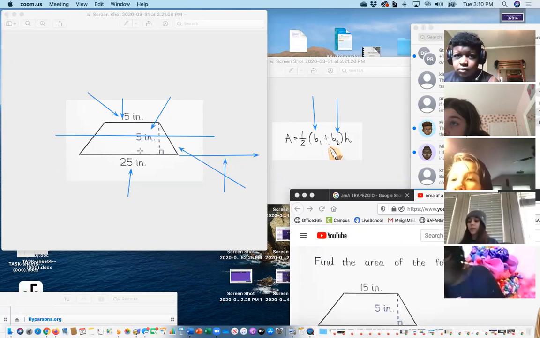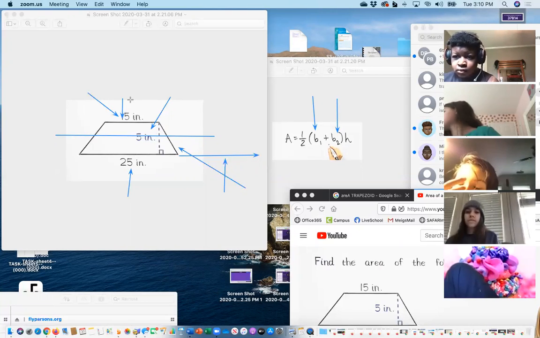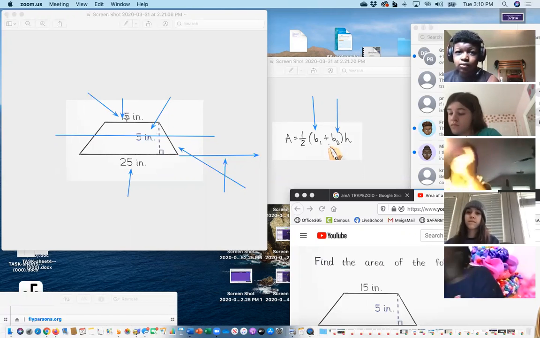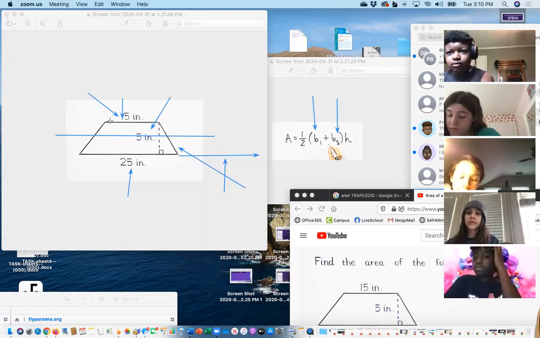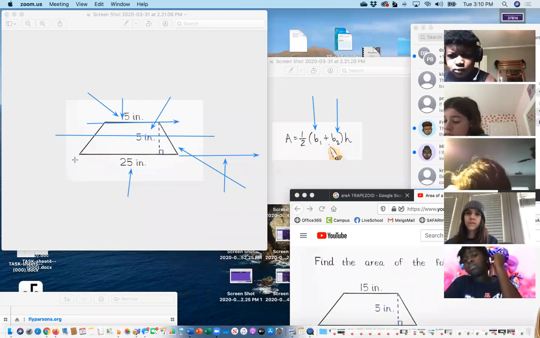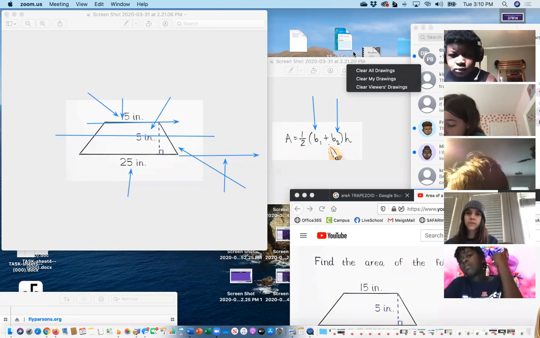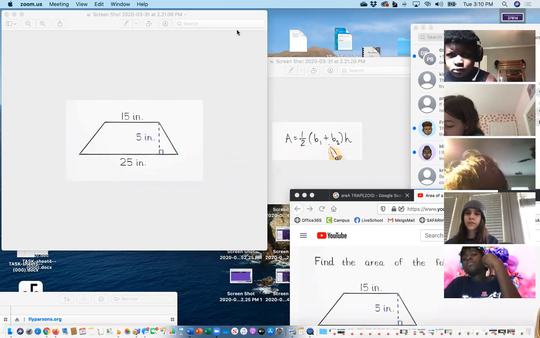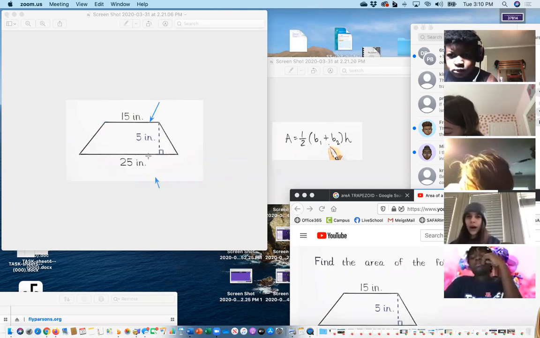So what you do to find the area of a trapezoid is you take the top and the bottom. In other words, those are two bases. This base and this base are parallel, correct?